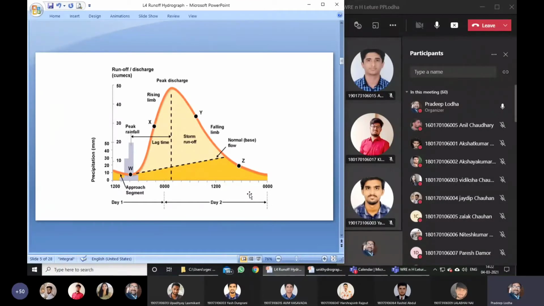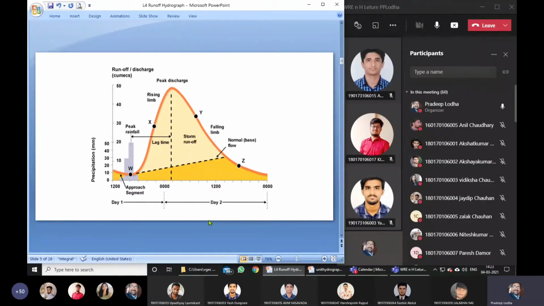We are measuring the discharge in the channel, and surface water is contributing to the channel, groundwater is contributing to the channel. Groundwater contribution has increased during the first day and even the second day. That is because of infiltration and percolation, augmentation of groundwater, and then it is called the base flow. This is base flow. This is storm flow.